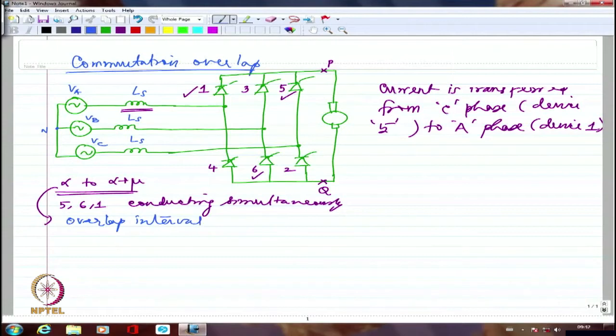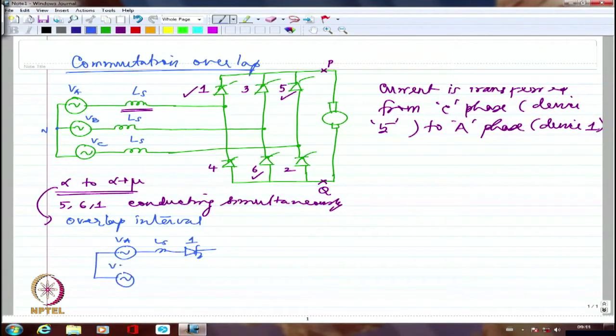So we first of all drew the diagram, which is the equivalent circuit. If you may recall, we first drew VA, we drew LS, and then we drew as though 1 is conducting. Similarly, we had VC, we had LS, and we had 5 conducting, right?